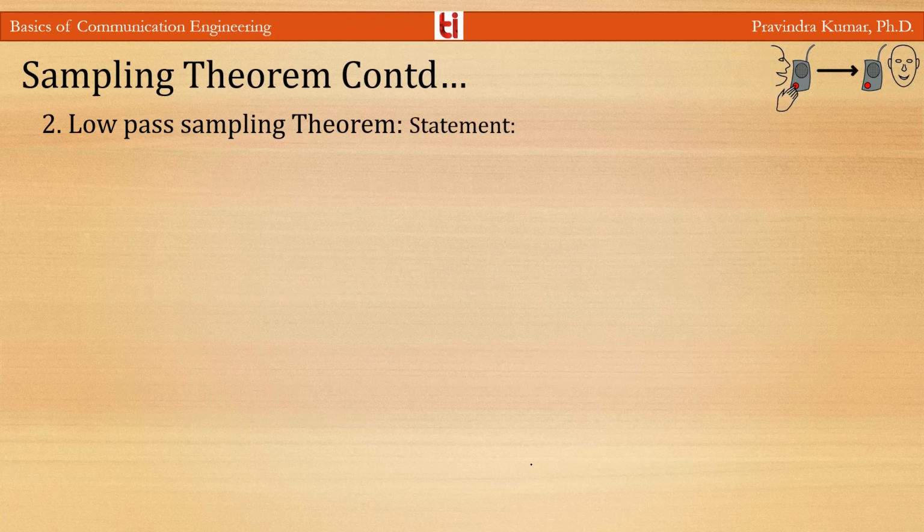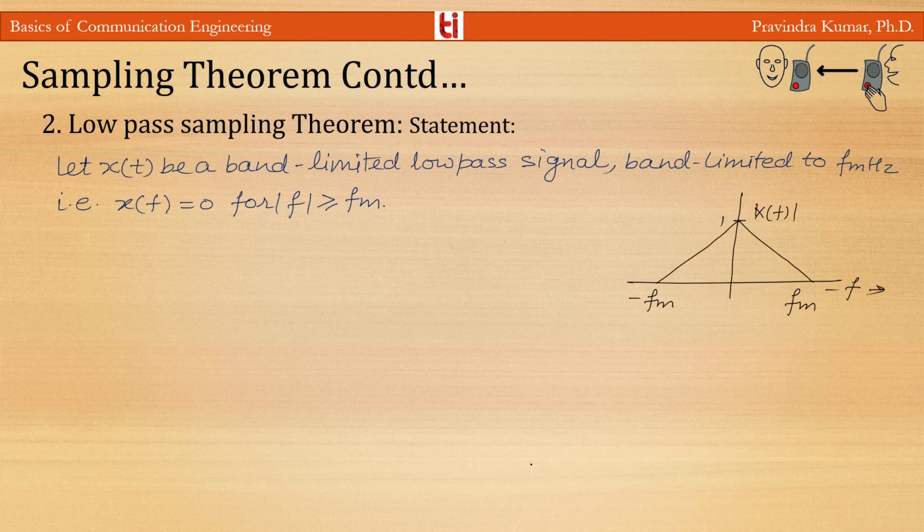Now the statement of the low pass sampling theorem. Let x(t) be a band limited low pass signal, band limited to fm. This means X(f) is 0 for all values of mod f greater than or equal to fm. This means if f is greater than fm, or less than minus fm, X(f) will be 0, and it is band limited from minus fm to plus fm.